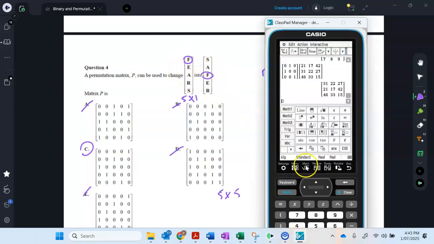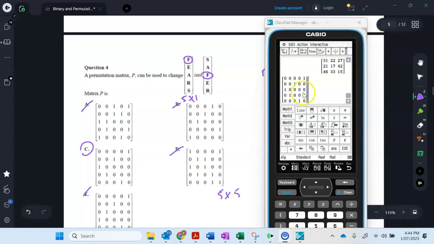If we were doing that on our calculator, we're going to do our permutation matrix first. I'm going to pause and do my permutation matrix. All right, there's my permutation matrix. They don't take too long to do, but if you mess up the position of your ones in a 5 by 5 matrix, it's a bit annoying. So we're going to multiply that by the 5 by 1.